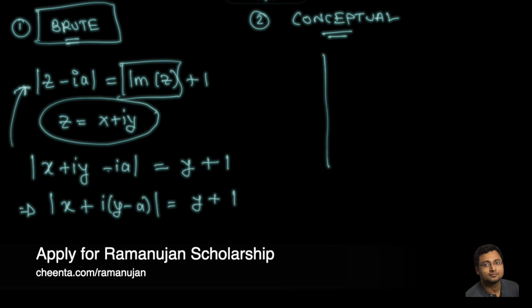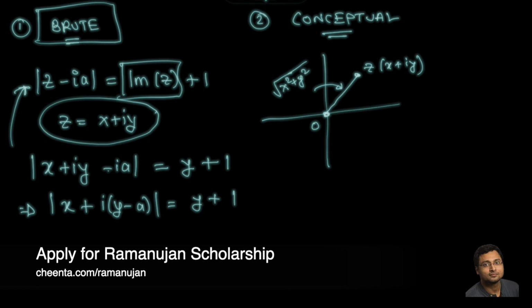Now, what is the meaning of the absolute value of z? If z is a complex number x plus iy, then the absolute value of z is the distance of it from the origin, which is basically the square root of x square plus y square. So the absolute value of this complex number is the square root of x square plus y minus a whole square. This is equal to y plus 1.